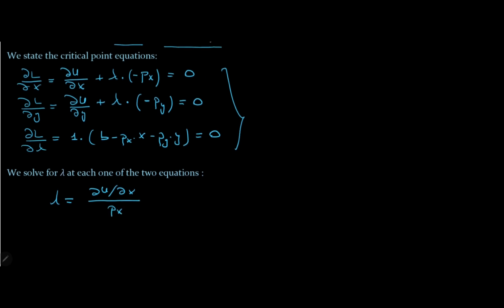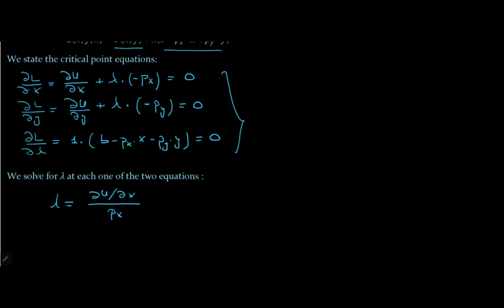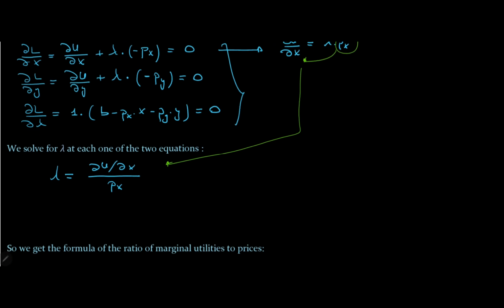Because from the first equation, the partial derivative of utility according to x equals lambda px, so if I move this to the other side dividing, then what I get is that equation. And the same for the second equation: lambda equals the partial derivative of utility according to y divided by py.